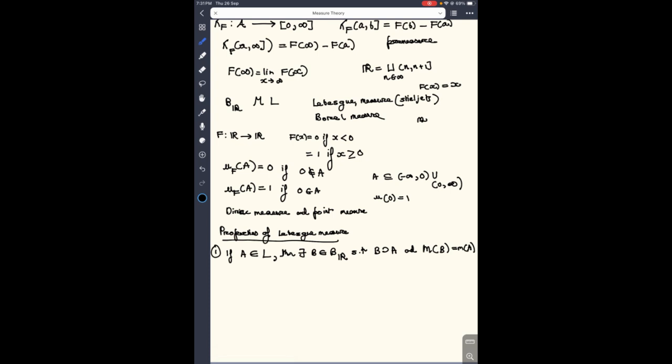So the proof of this is simple. Take mu star of A. For 1 by n, you will get elements in some Clopen intervals (a, b) that cover A, some finite or countable collection which covers it, and this is less than this.